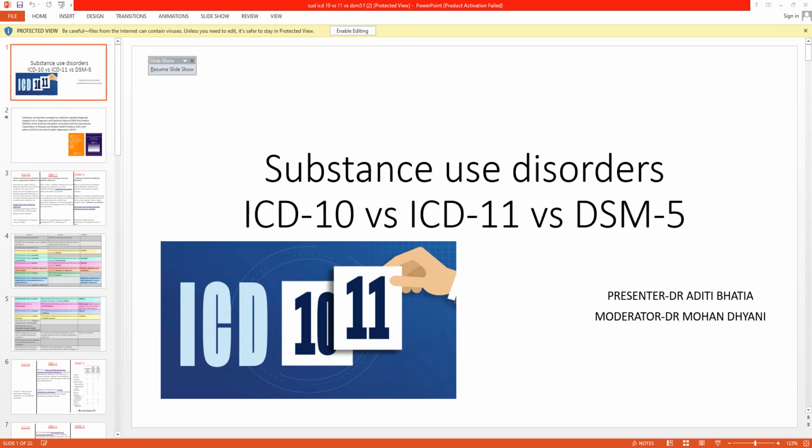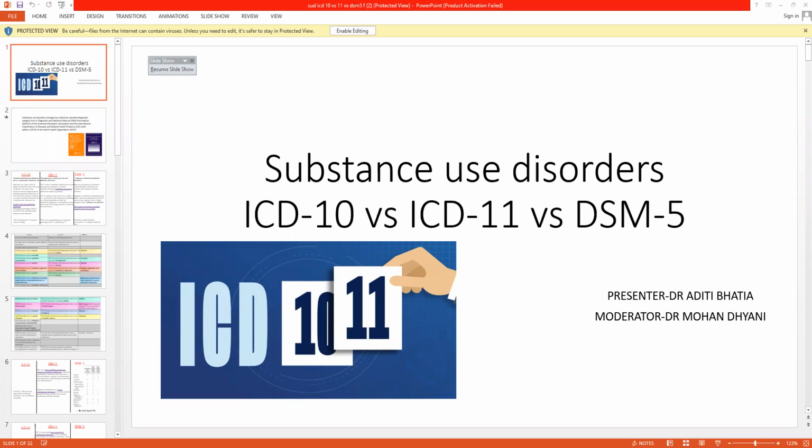In ICD-10, the categories used to specify clinical conditions are acute intoxication, harmful use, dependence syndrome, withdrawal state with delirium, psychotic disorder, amnesic disorder, residual and late onset psychotic disorder, other mental and or behavioral disorder, unspecified mental and behavioral disorder.